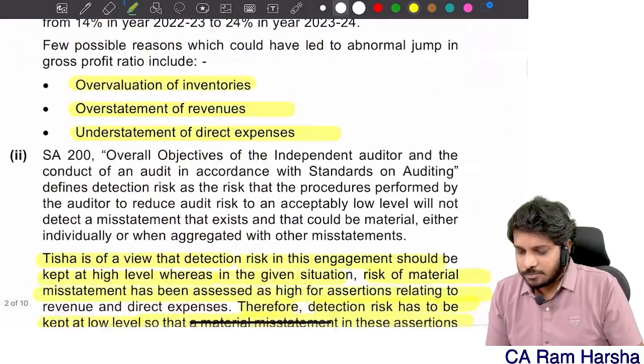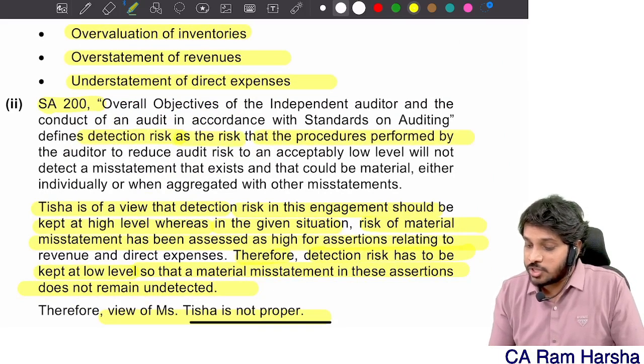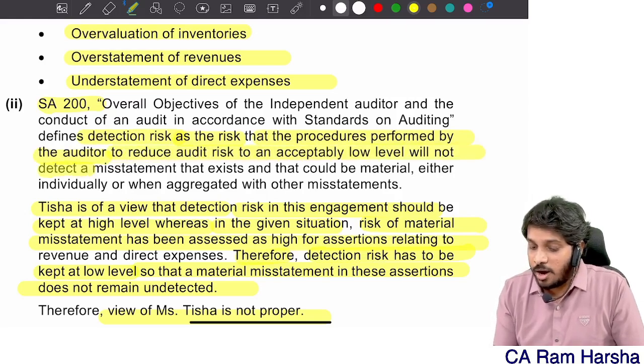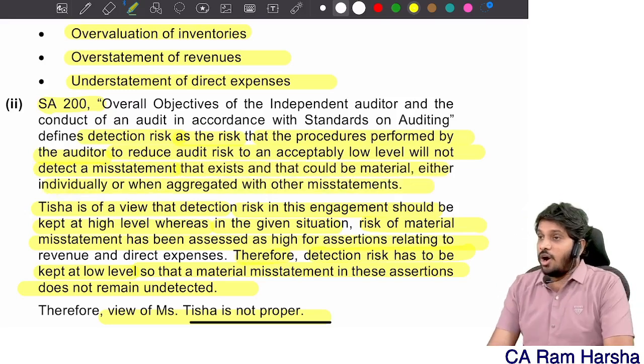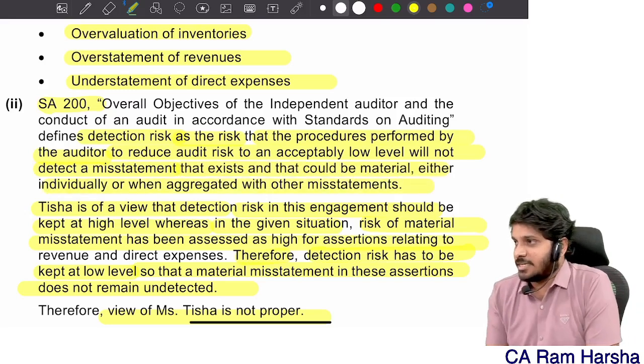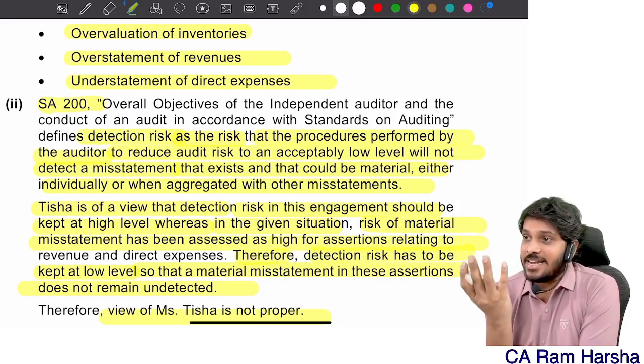That's it. So, as per SA 200, it defines detection risk as the risk that procedures performed by the auditor to reduce the risk to an acceptably low level will not detect a misstatement that exists and could be material, either individually or aggregated with other misstatements. So detection risk means the risk of not detecting an error.